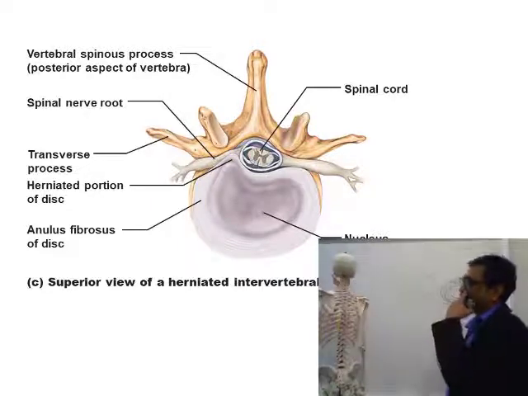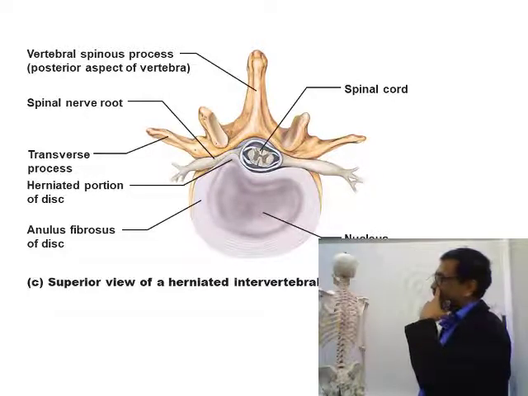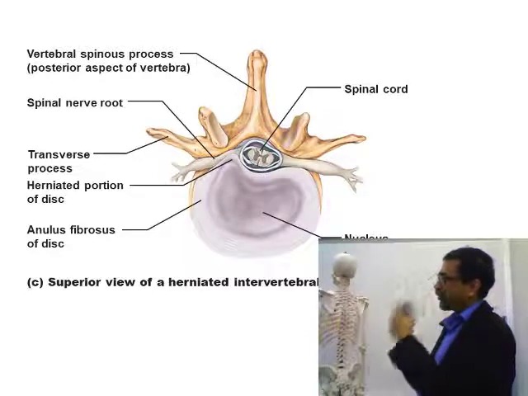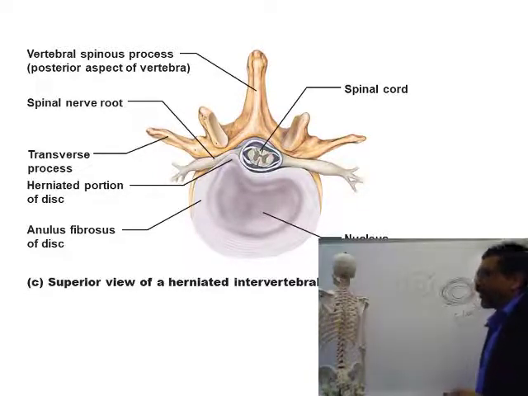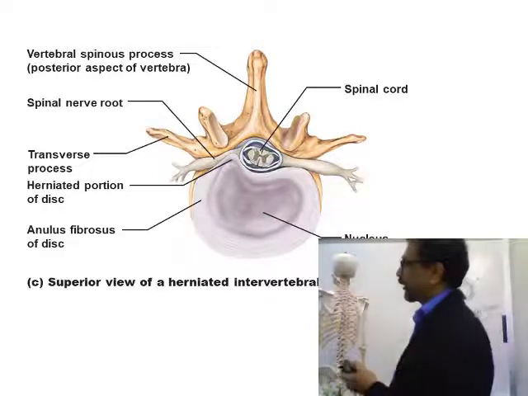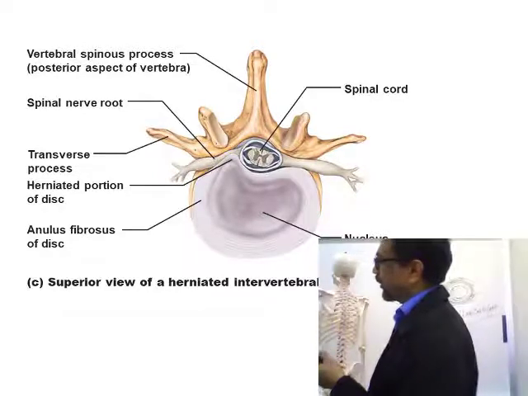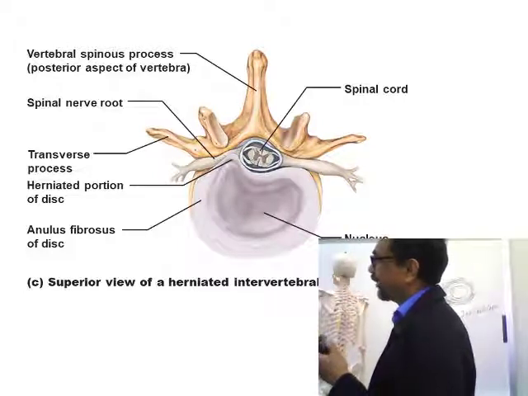So you see here this herniated portion has pushed the spinal nerve root, beginning of the spinal nerve, and that happens. You'll hear patient often complains pain, herniated disc.